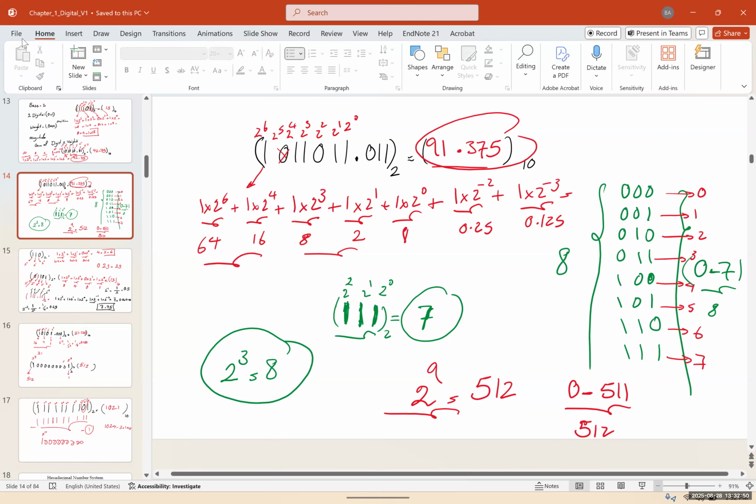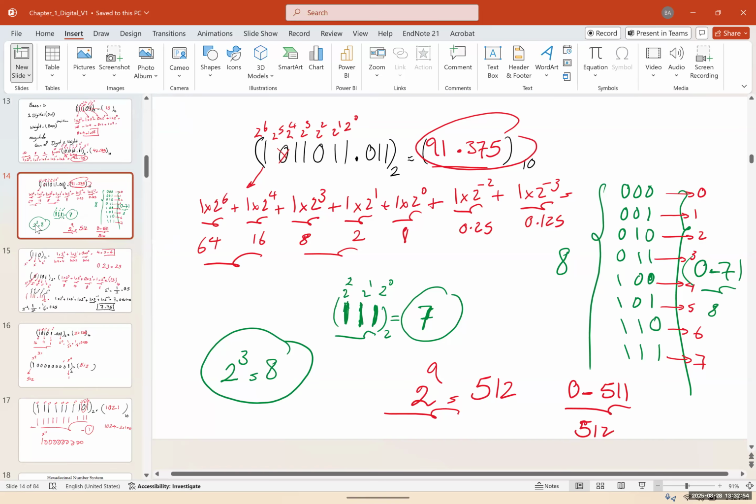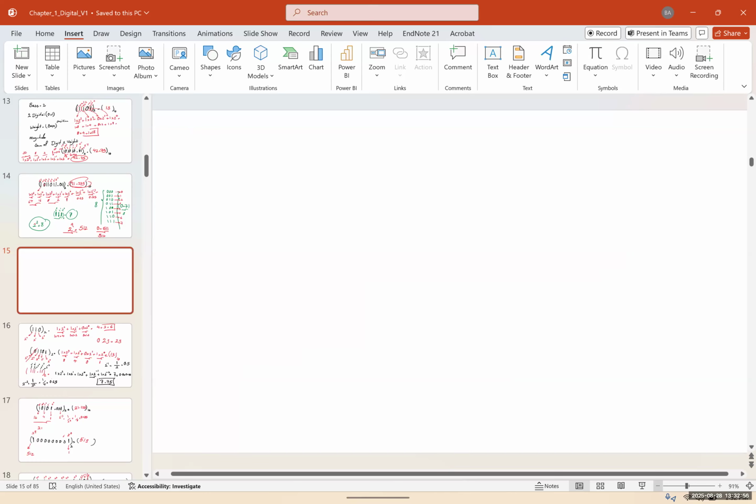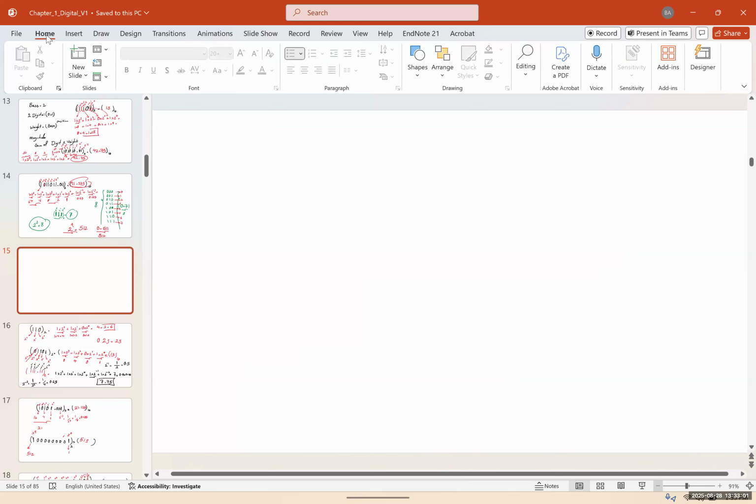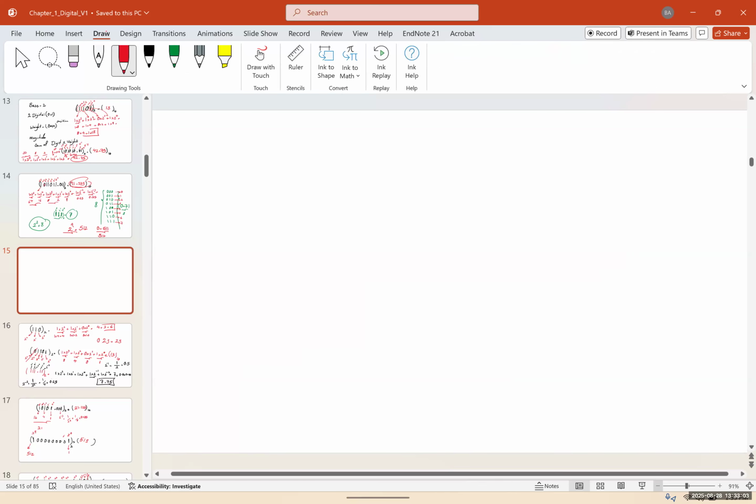Let me give you another example. Imagine I have this number 1111111, and I want to convert this to base 10. If I only want to do it manually, it's going to take a lot of time.